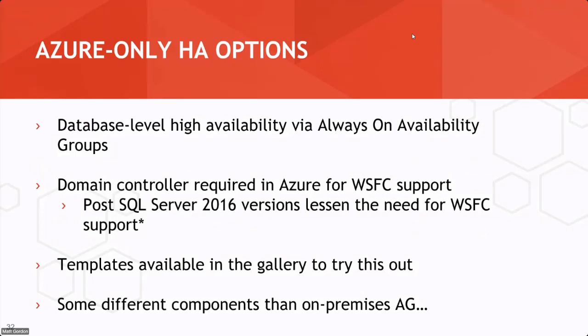And we don't need to argue about read scale and all that. But in theory, to build what most would consider a highly available always-on AG, we're going to need a domain controller out in Azure as well.